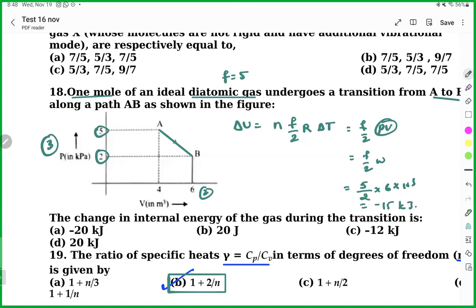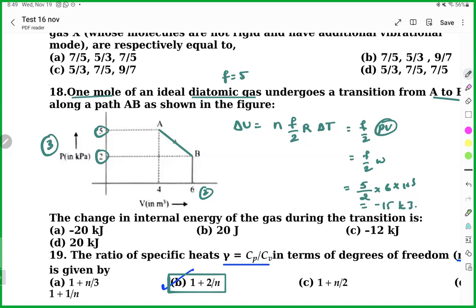Yes, Sanjana, you were saying something. How am I getting minus 15? 1 mole of diatomic gas, A to B along the path AB. In AB, what is happening?